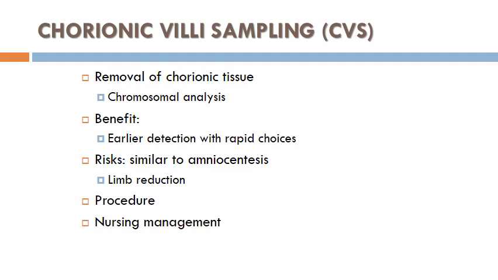Rh negative mothers are at risk of isoimmunization because if the baby's Rh positive, that can transfer through because of the direct entry into the chorionic villi. It doesn't really test for spinal cord or neural tube defects, but it can test for Down syndrome and other genetic disorders.